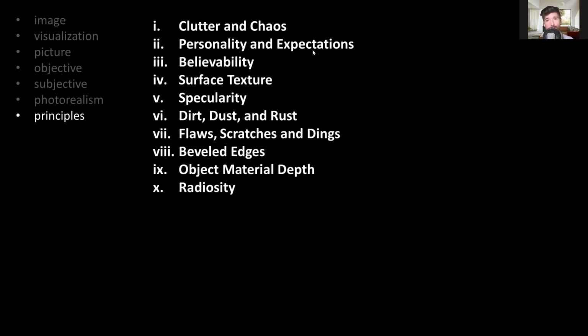So: clutter and chaos, personality and expectations, believability, surface texture, specularity, dirt and dust and rust, flaws, scratches and dings, beveled edges, object material depth, and radiosity. When they are presented like this, there are no categories or clusters where we can put multiple things together and then work from a top-down approach.